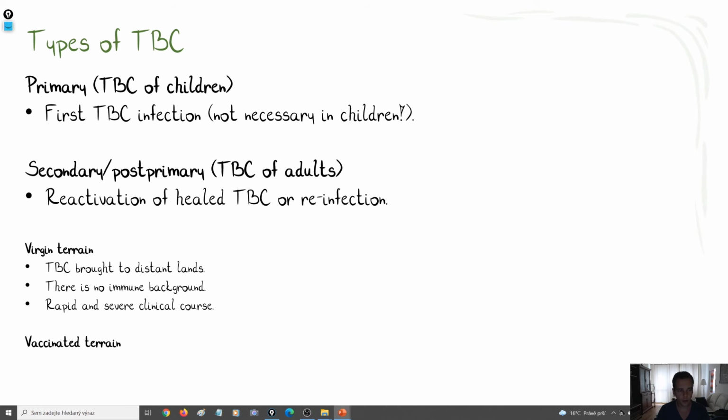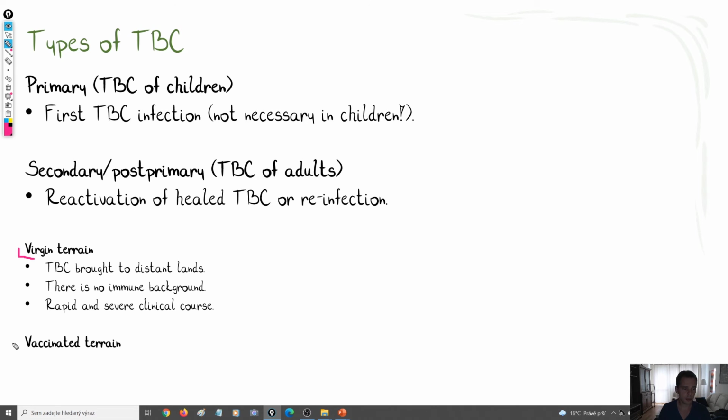And then, just a short note, there is something called TBC on the virgin terrain. It used to be TBC that was brought to distant lands, for example among Native Americans, because those distant populations had no immune background, because their ancestors didn't have TBC, so they had no immune background in their DNA, and therefore the infection had a very rapid and severe clinical course.